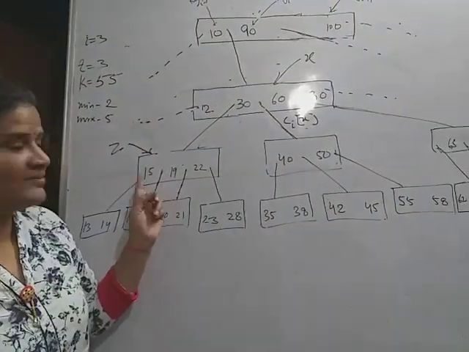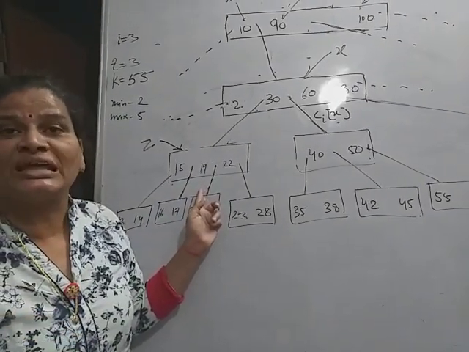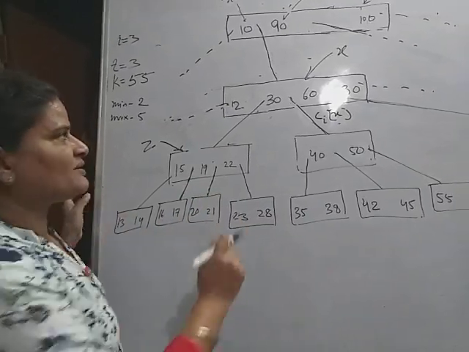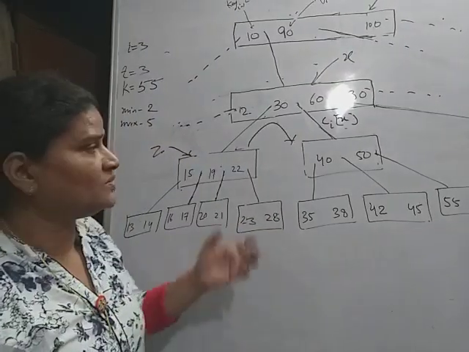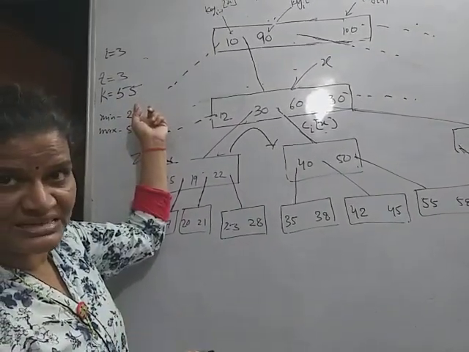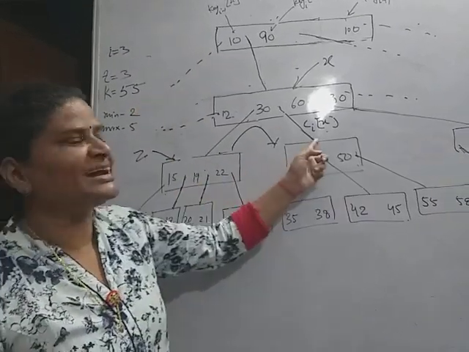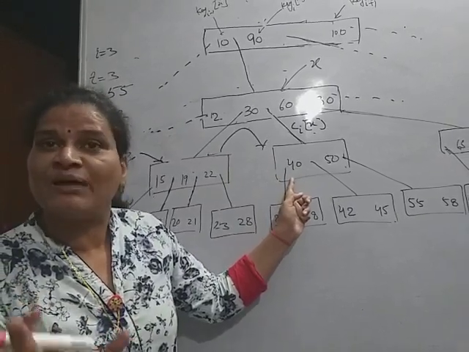Now, if Z contains t keys, one more than the minimum number of keys, then we perform a rotation. What is our objective? The key to be deleted, 55, is present in the subtree rooted at Ci[x], and Ci[x] contains t minus 1 keys.